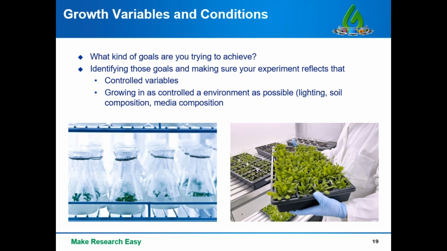Maybe the reflection within the chamber causes certain levels to get more. Maybe certain light bulbs are older or newer than other ones, which could affect how much light your plants are getting on certain racks, among other things. So that's one thing you want to consider when introducing plants into a growth chamber.